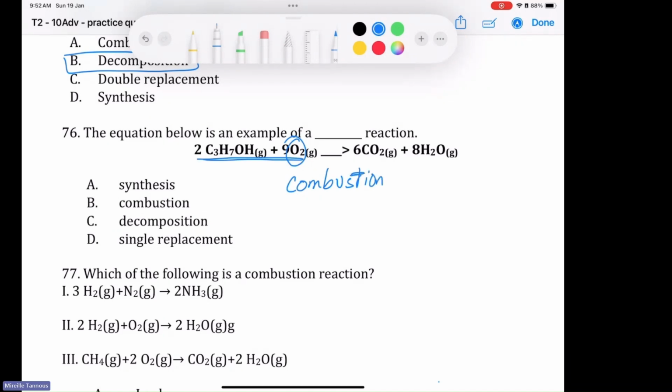If it is just combining two substances and getting one product, it's a synthesis. But since here we are obtaining specifically H2O and CO2, this is a combustion reaction.